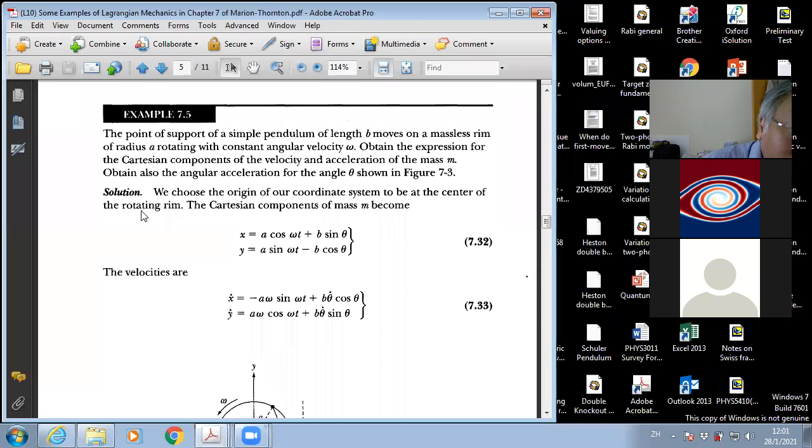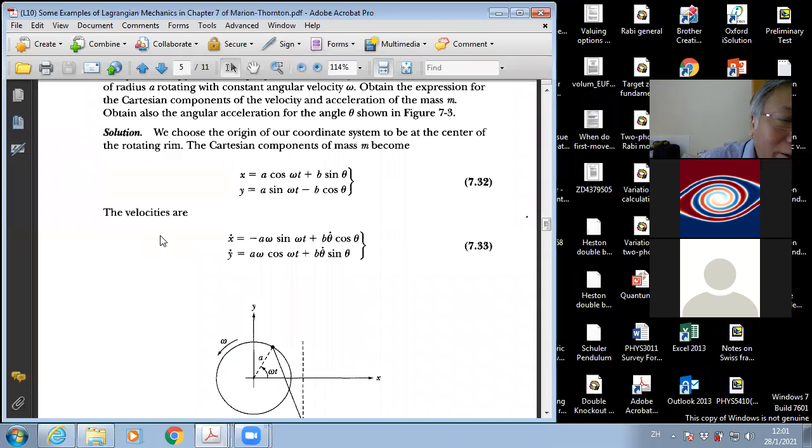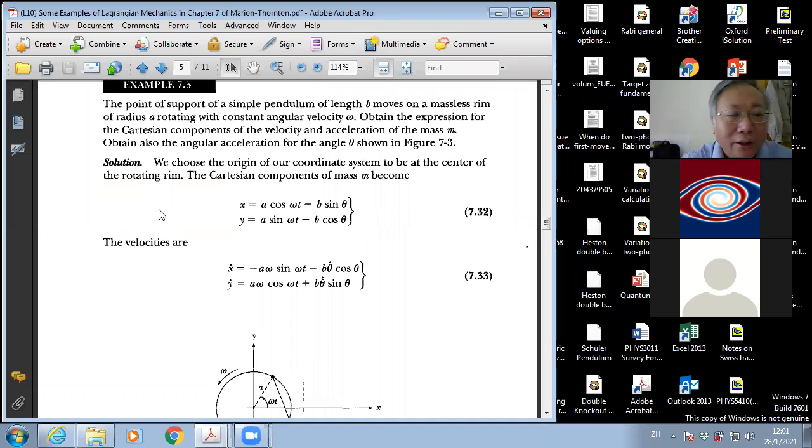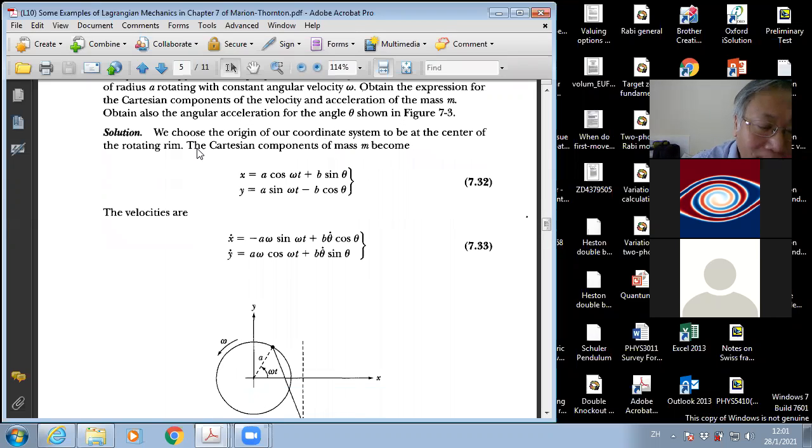Now, the third example, we have a simple pendulum of length b, and its support moves on a massless rim of radius a, okay, rotating with angular velocity omega.